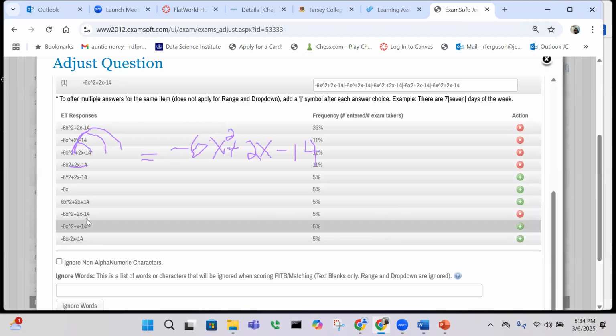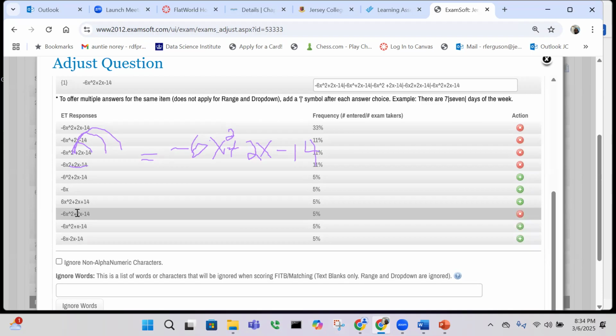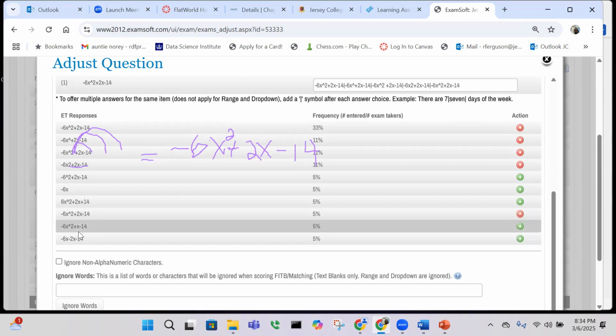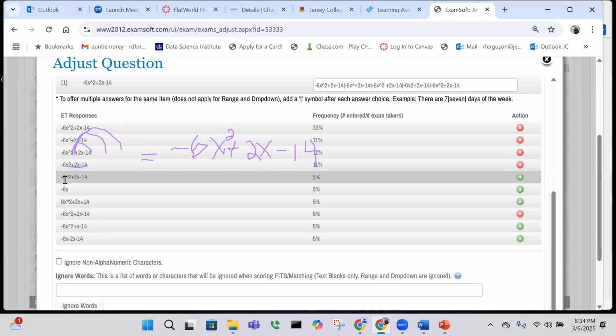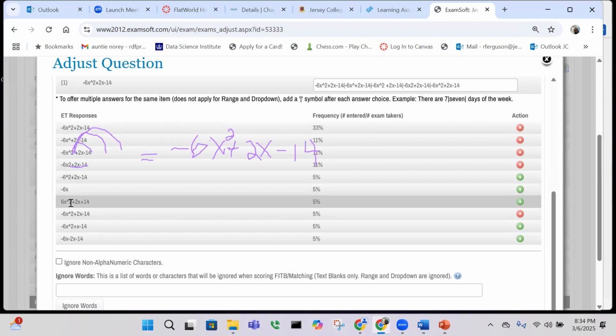So for these last ones, a couple of them are off in terms of the signs, whether it's not -6 or one of them is just missing. This is just missing the x altogether. But it has to be an x squared, so I think that's just formatting. This one is missing the negative.